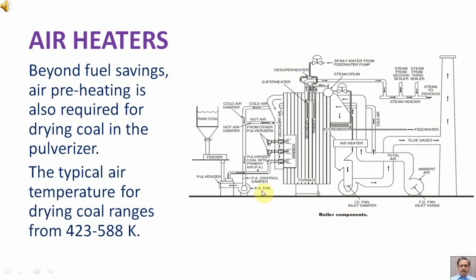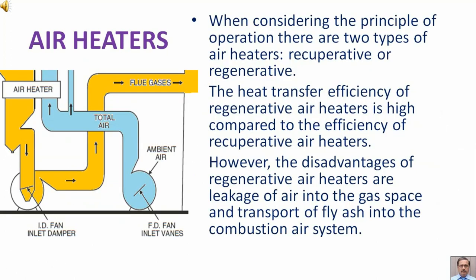Beyond fuel savings, air preheating is also required for drying coal in the pulverizer. The typical air temperature for drying coal ranges from 423 to 588 K. When considering the principle of operation, there are two types of air heaters, recuperative or regenerative.